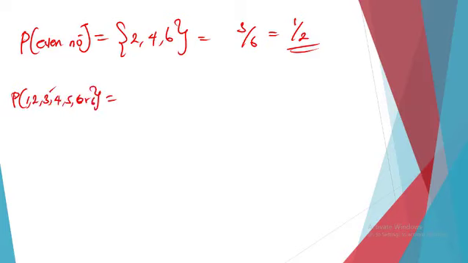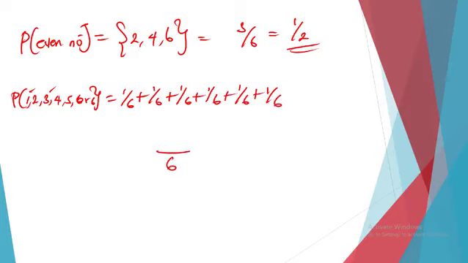So probability of obtaining this or this or this will give us probability of obtaining 1, which is 1 over 6, plus probability of obtaining 2, 1 over 6, plus probability of obtaining 3, 1 over 6, plus probability of obtaining 4, 1 over 6, plus probability of obtaining 5, 1 over 6, plus probability of obtaining 6, 1 over 6. And the LCM is 6. We have 1 plus 1 plus 1 plus 1 plus 1 plus 1, which is 6. And that will give us 6 over 6, which is equal to 1.